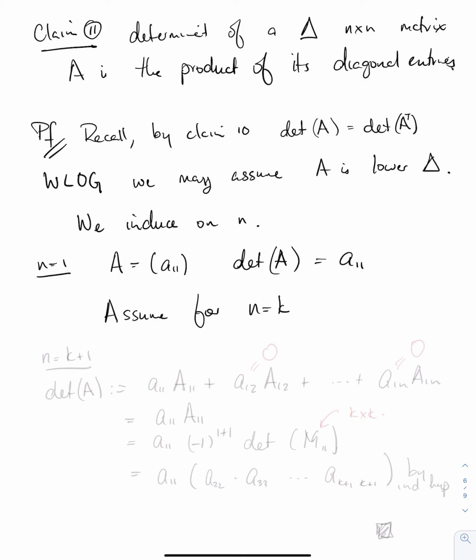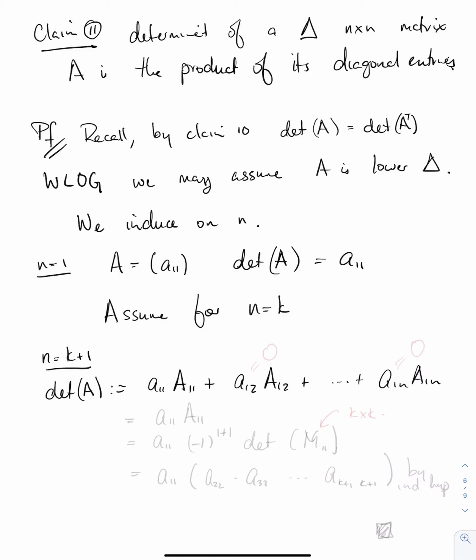And then we're going to do our inductive step. Assuming this works for k by k matrices, we will prove that it works for k plus 1 by k plus 1 matrices. Let's talk about the determinant of A. Using just the regular cofactor expansion along the first row, this is the formula.